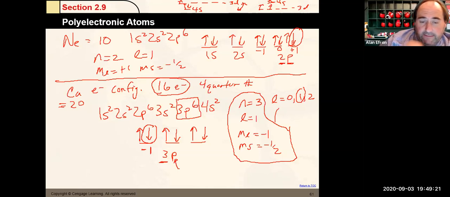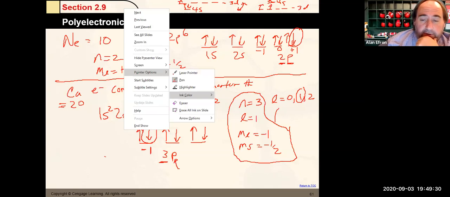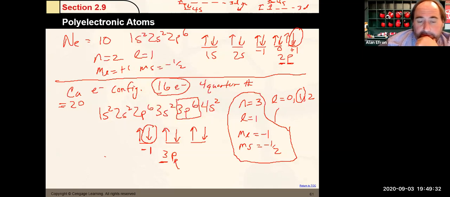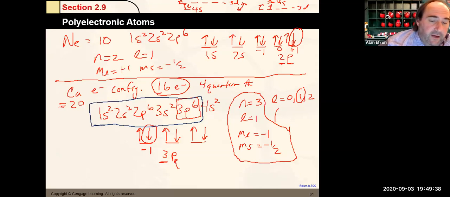Now, when we're looking at something like calcium, if we just look at the electron configuration for it, and if we look at the first part of it, from like here to where I boxed, and if we count what's in the blue box in terms of electrons, that is 2, 4, 10, 12, and 18 electrons.